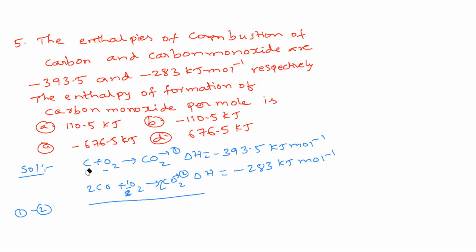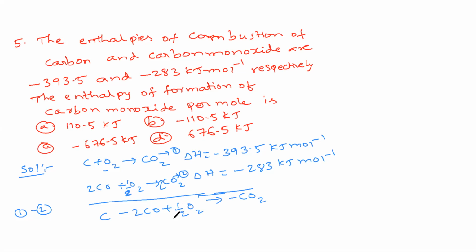So equation 1 minus 2: C minus nothing, so C is taken as it is, and minus 2CO as it is. And O2 minus half O2 becomes plus half O2. And CO2 and 2CO2 give rise to minus CO2.